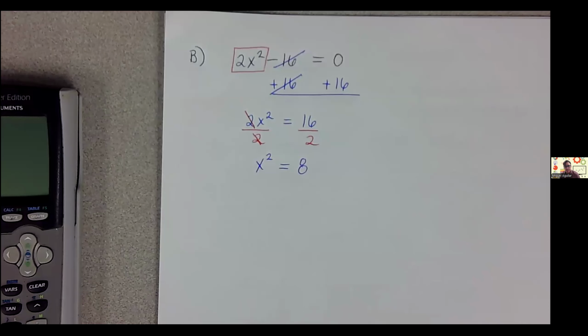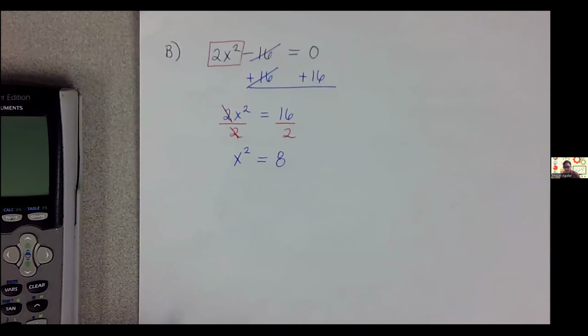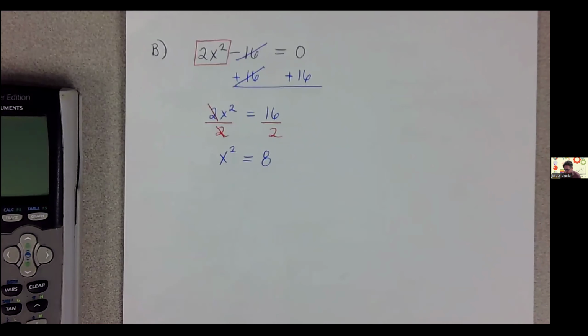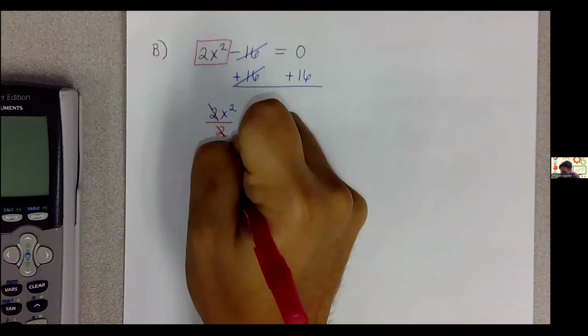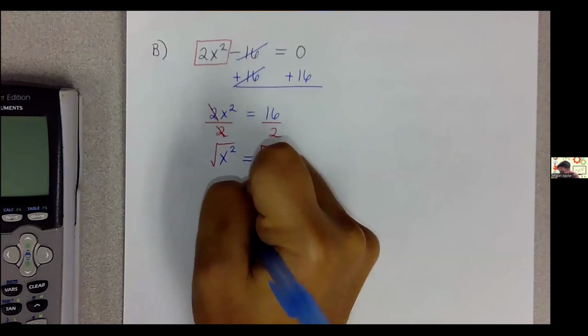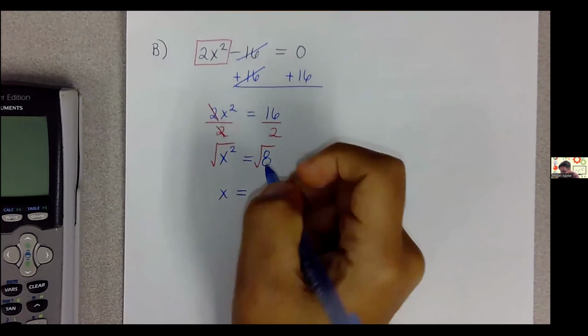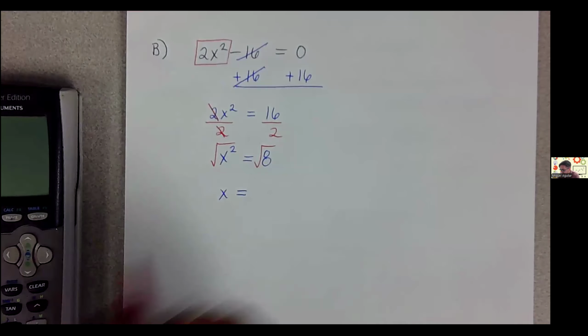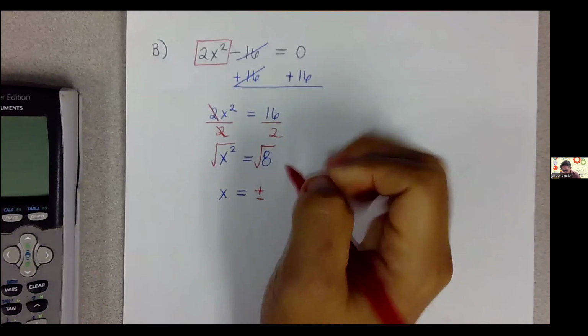And right now you might start to feel the gears inside your brain grinding a little bit, because if we go forward with the square root property and take the square root of both sides, certainly I'll get x by itself. And I have to get used to remembering the plus or minus symbol here.